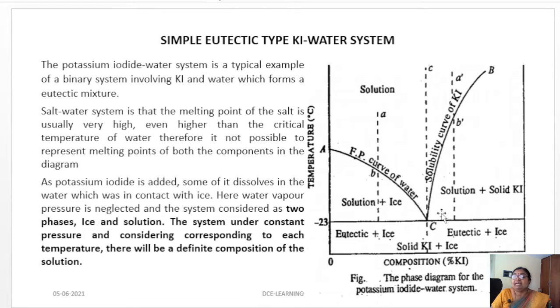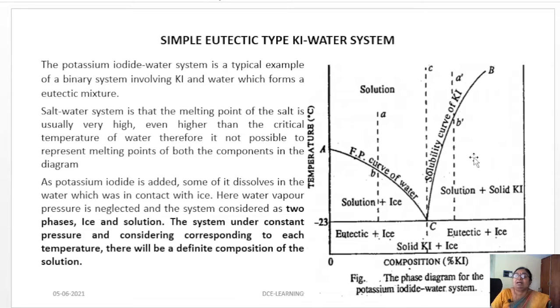When you increase the temperature along CB, this is what we call the solubility curve of potassium iodide, which shows a steep increase. It indicates that even a small increase in temperature raises the solubility of potassium iodide after the eutectic temperature.